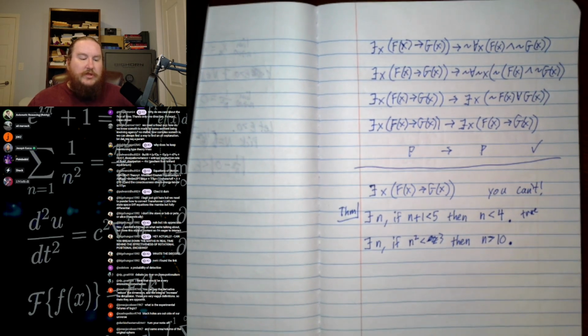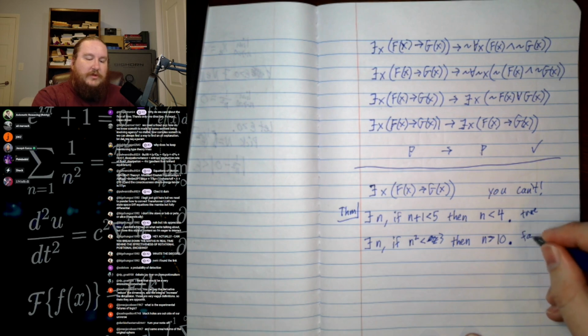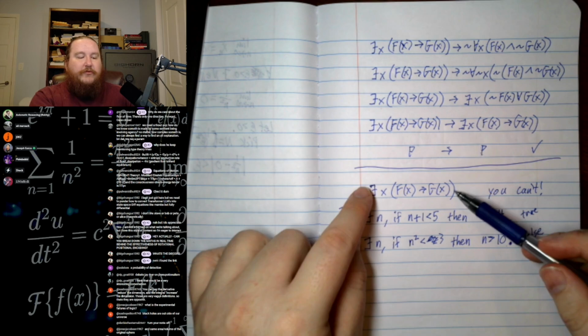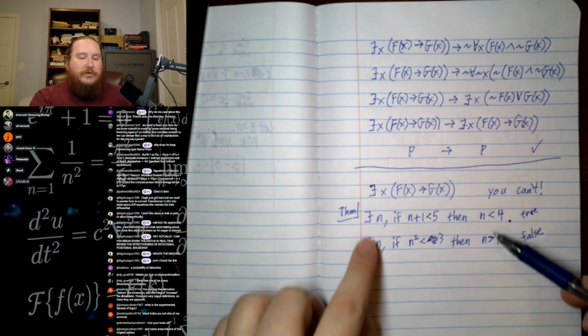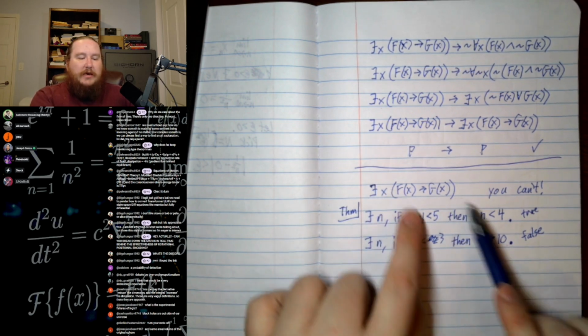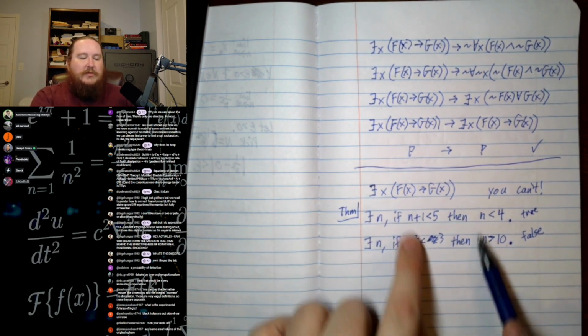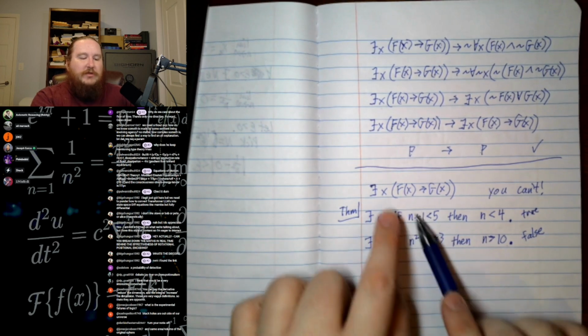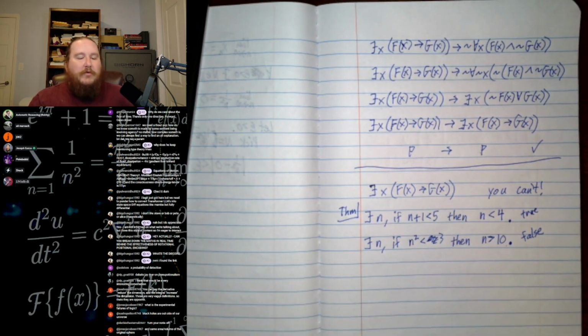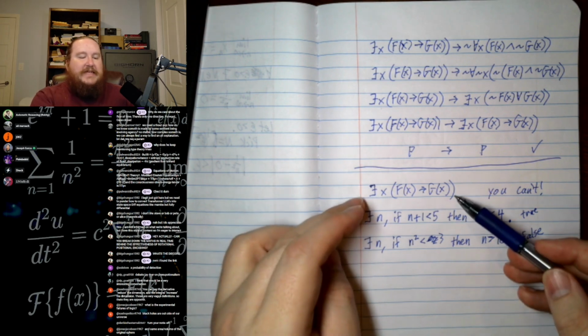No, there's no such n. So this is false. And yet these are both the same form, right? It's a different f and g for each of these statements. It's F1 for this one and F2 for that one and G1 for this one and G2 for that one. But the point is that it's the exact same formula.